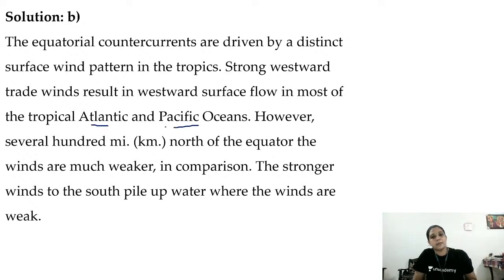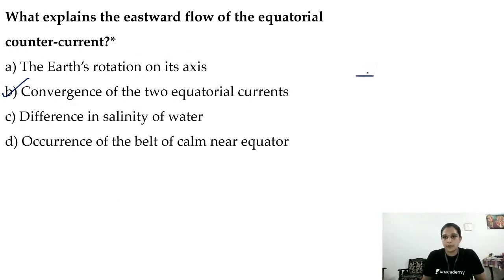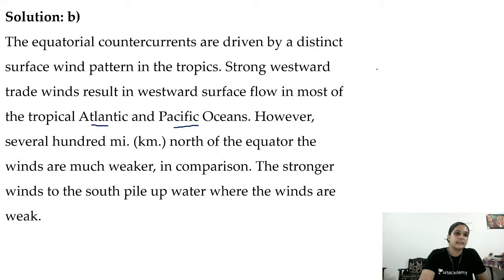But several hundred miles north of the equator, winds are much weaker in comparison. So what happens? It's nothing but convergence of two equatorial currents. In that, the western current is stronger. So the counter current, the convergence result, and they move forward in the east. Okay, so that is a major concept.